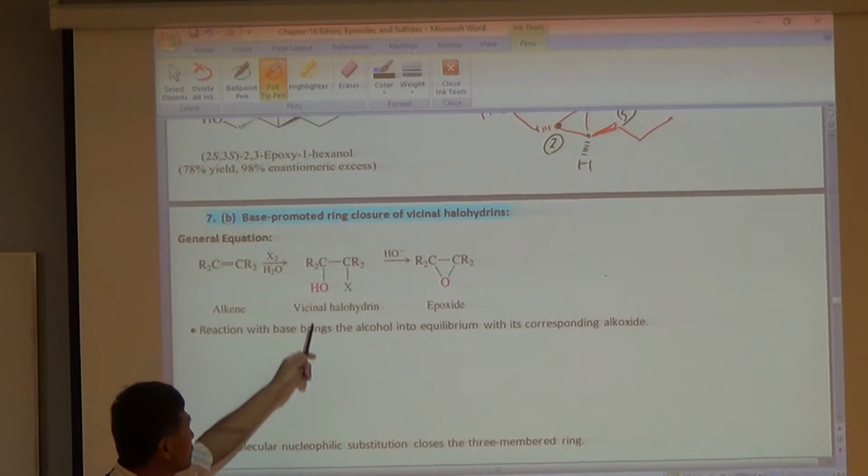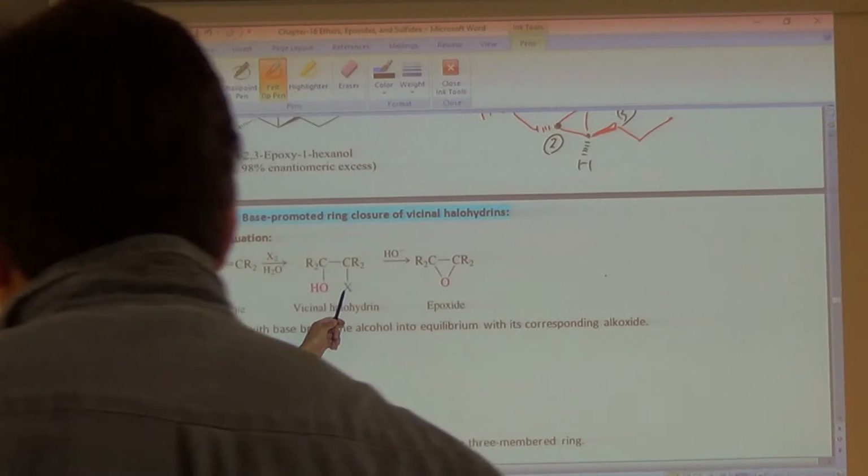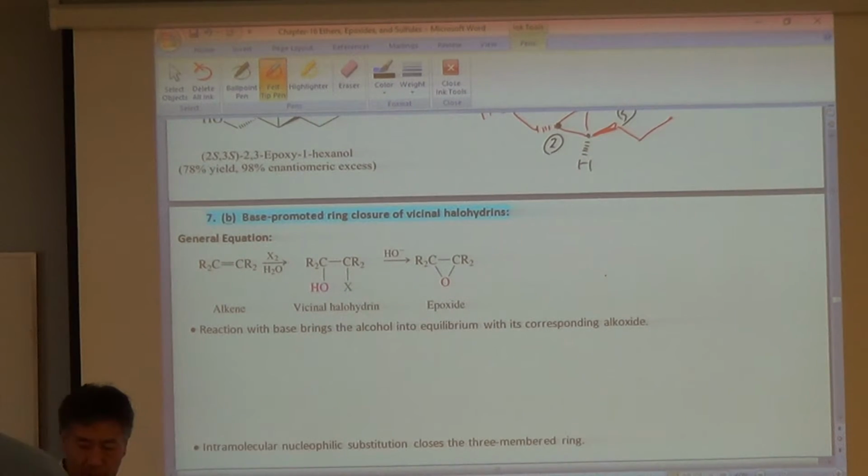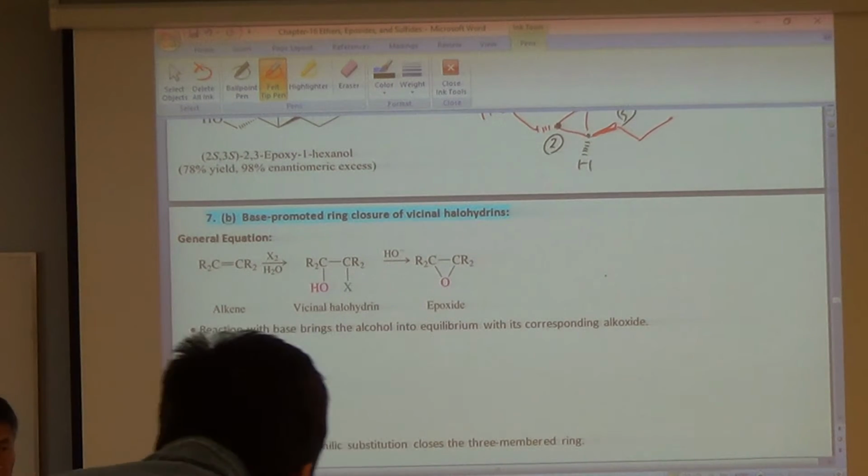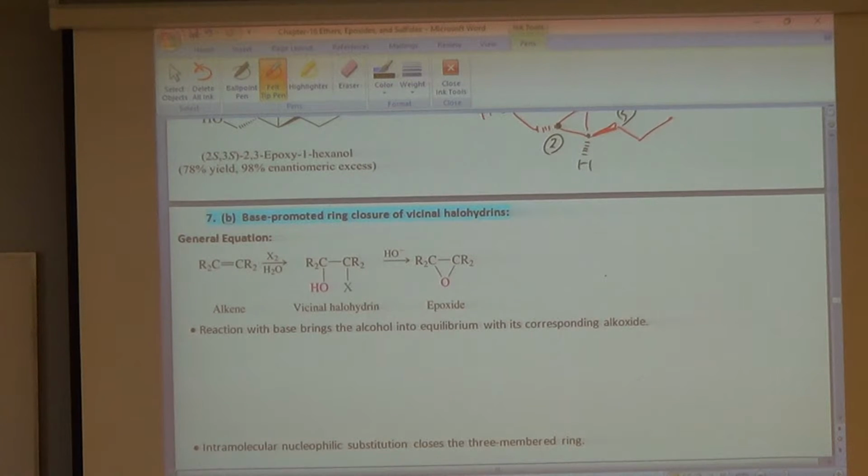Halohydrin, so this is the hydroxyl, and that's a halogen. So the reaction is base promoted. First, you will see the reaction with a base producing the epoxide.